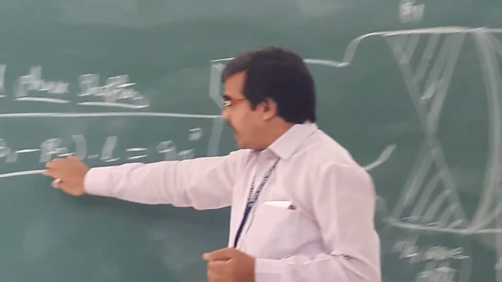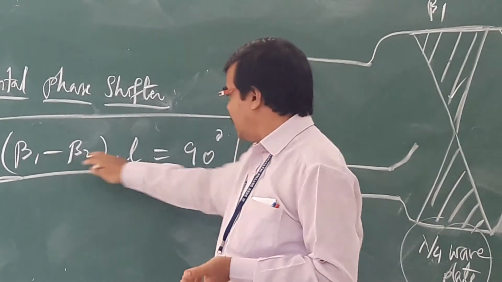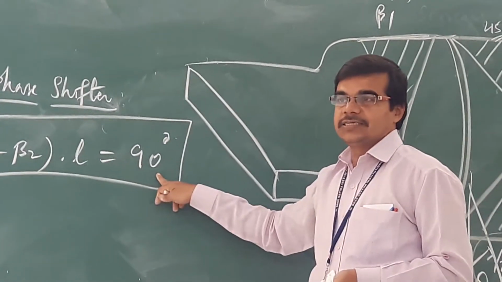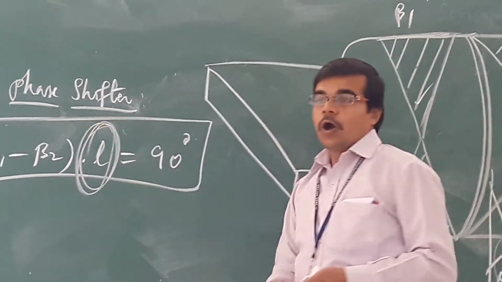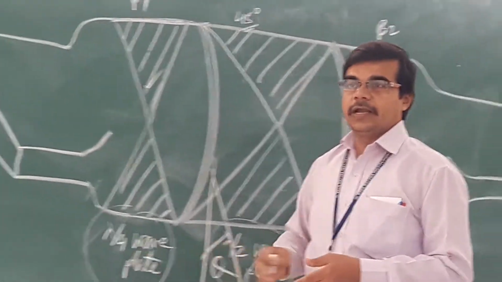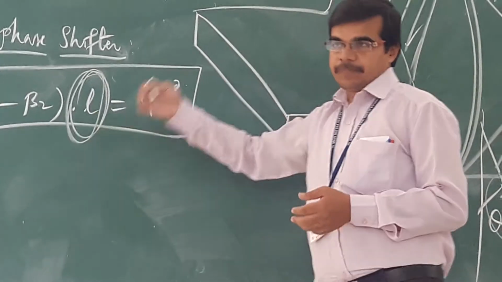So the difference of the phase constants multiplied by the length should be equal to 90 degrees. From that we can calculate what should be the length of this wave plate.